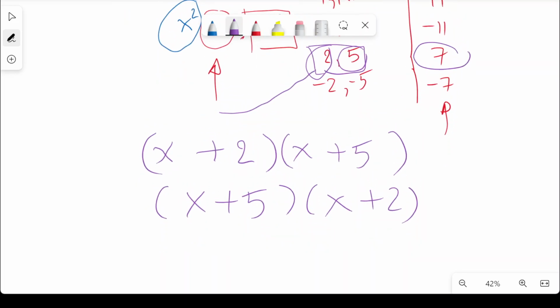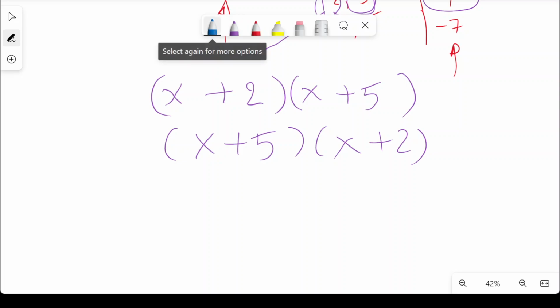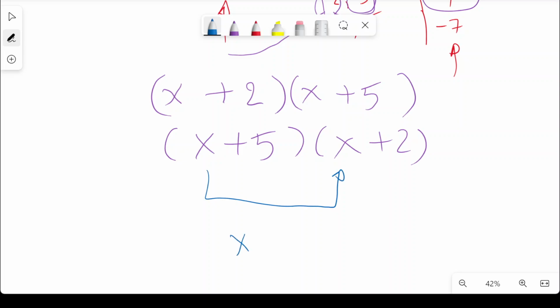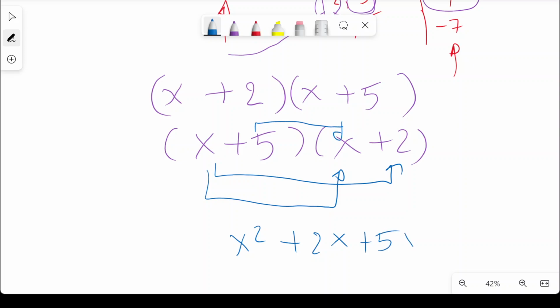And now to check your answer, you multiply them, you expand them. So you multiply x times x, that gives you x squared. Next you multiply x times 2, that gives you plus 2x. Next you multiply plus 5 times x, gives you plus 5x.